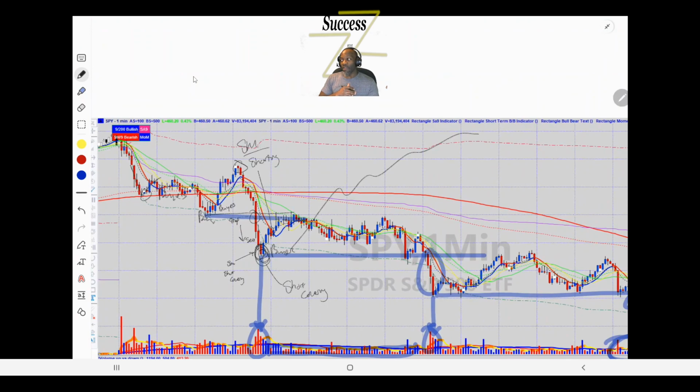But in order to give it back, they have to buy it. Doesn't mean that they are buyers, just means that they are covering their prior position. They're covering the short. They do have to buy it to cover their short, but they're still sellers.